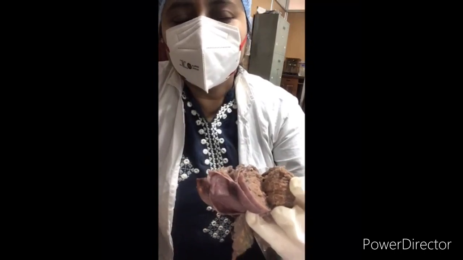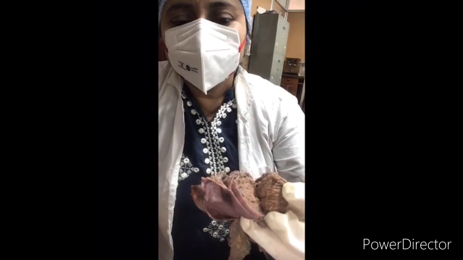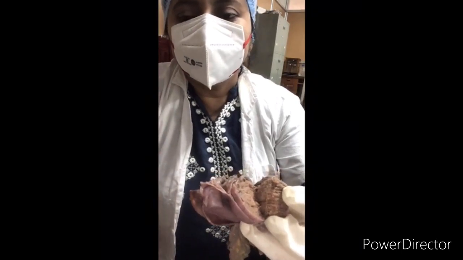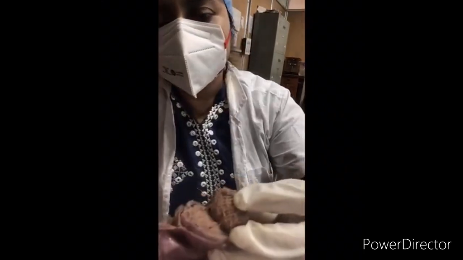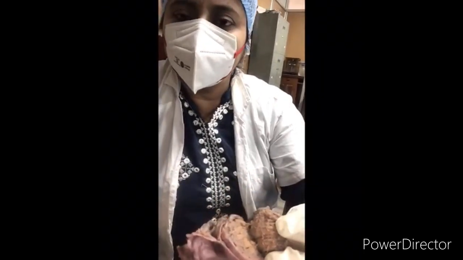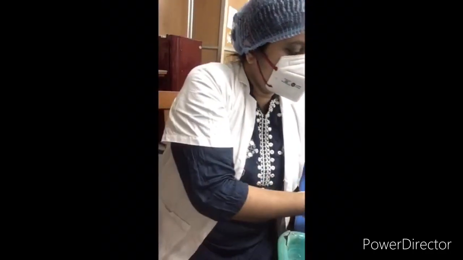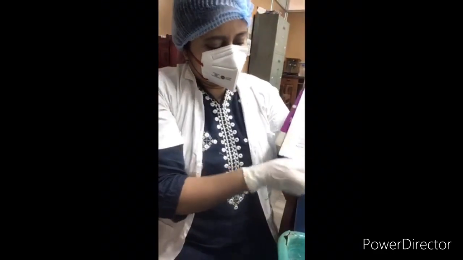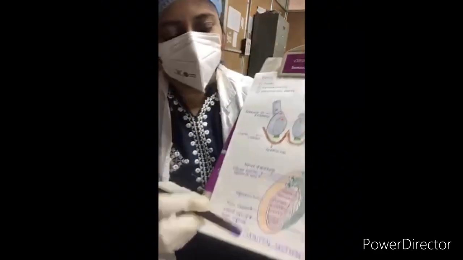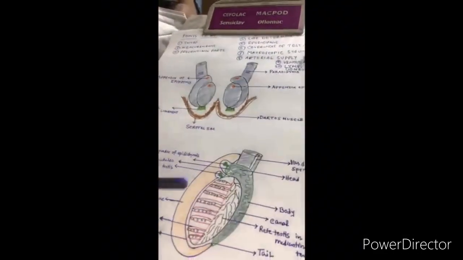Now the seminiferous tubules have a convoluted part in front and a straight part behind. See from this diagram, this is the interior of the testis.